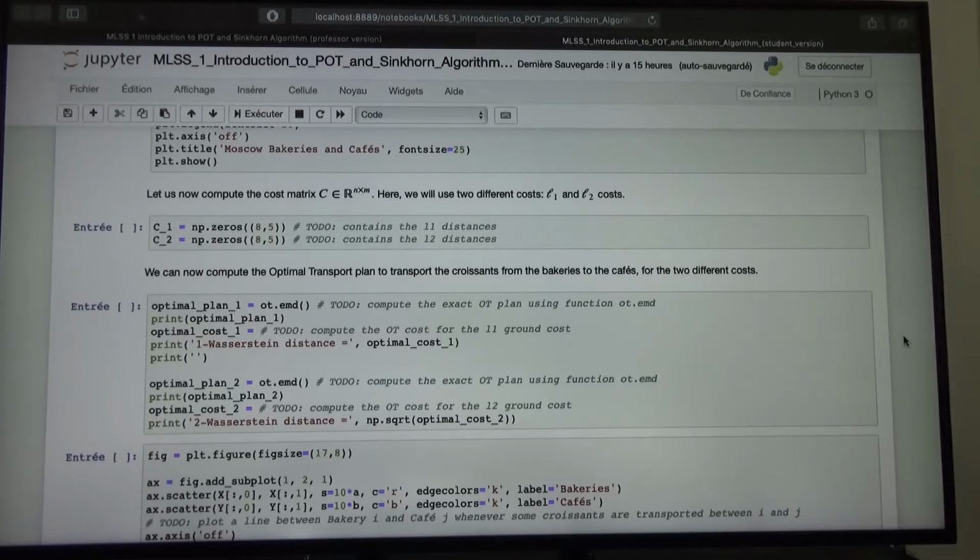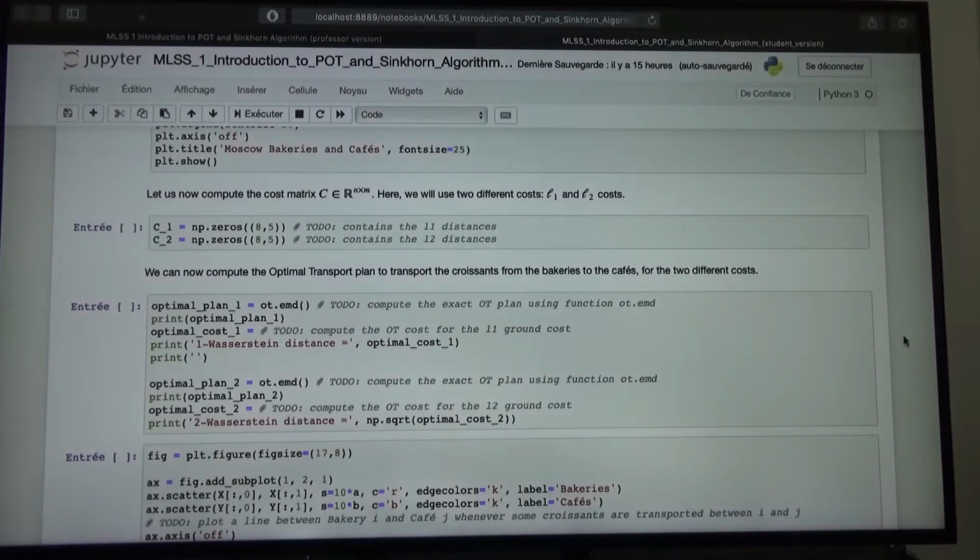Okay, so once you load the data, you can just compute the cost matrix. You can do this in a very inefficient way if you want, that is, just do a double loop and say for all i, for all j, I compute Cij equals the norm or the norm squared. Okay.